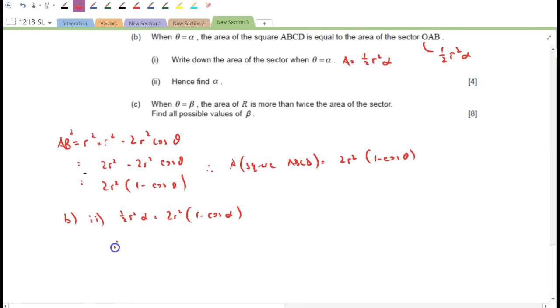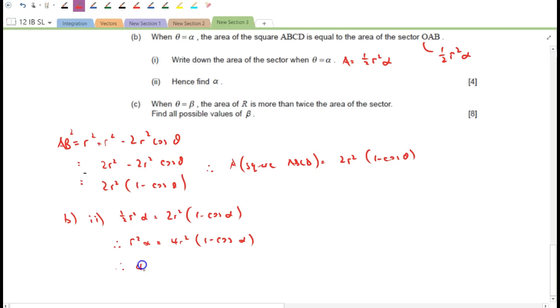Now, from that point there, we might say that we can double both sides, or we could just solve that as it stands by putting that into the graphics calculator. It might be a good idea just to multiply both sides by 2. So R squared alpha equals 4R squared (1 minus cos alpha). Just simplify it a bit.